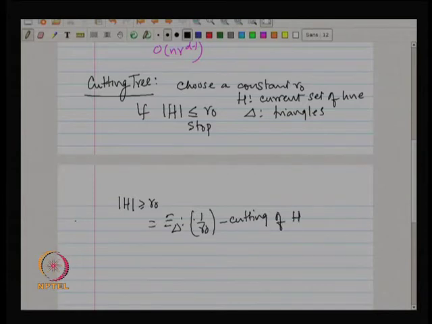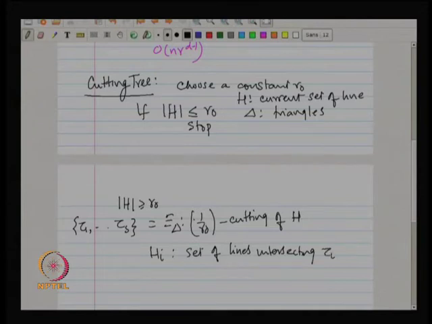So, let us call this one tau 1, tau s. So, you compute a cutting of these lines. Let H_i be the set of lines intersecting tau_i.